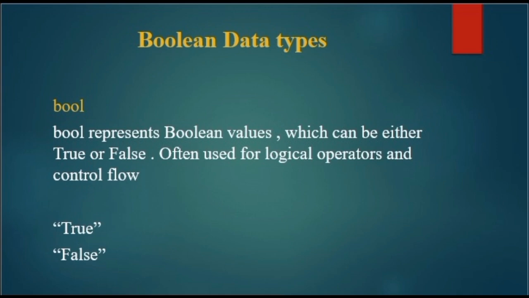For example, in Python, you can write is_raining equals True, which means the program knows it is raining. If is_raining is False, the program knows it is not raining. Boolean values are super useful because they help programs make smart choices, like whether to show a message, turn on a light, or even decide if a user can log in.